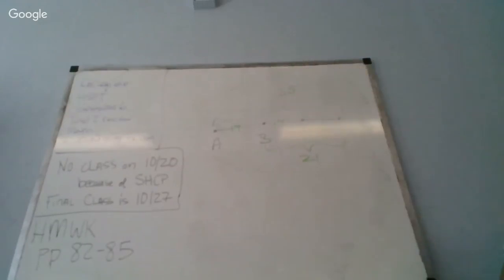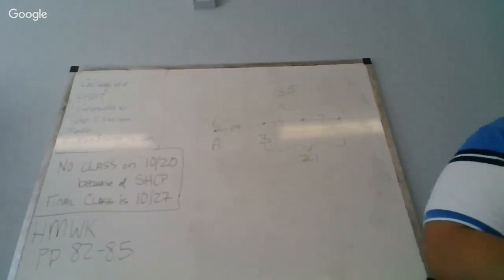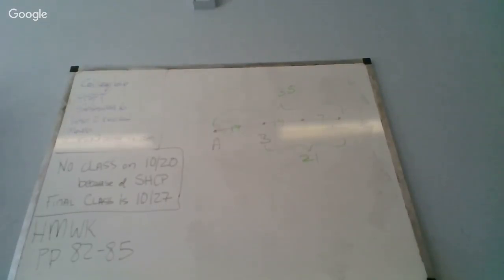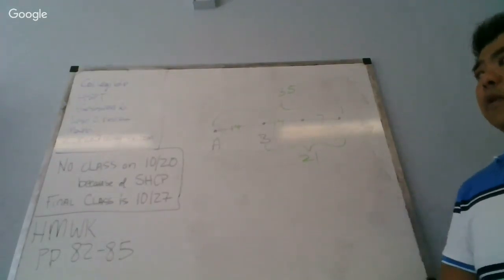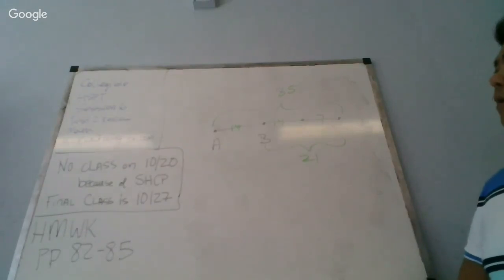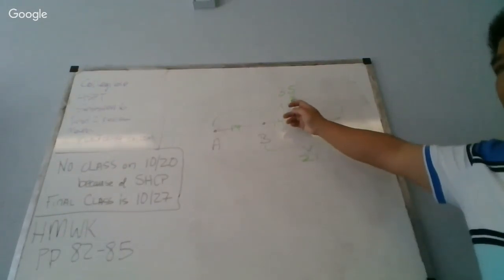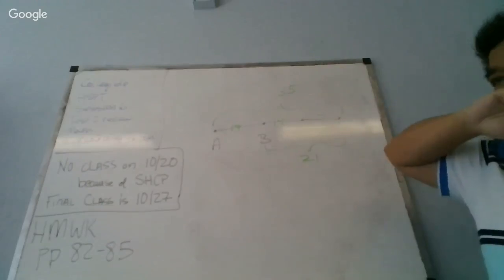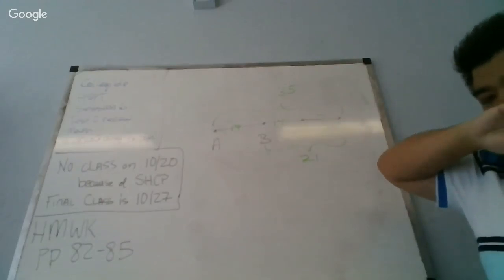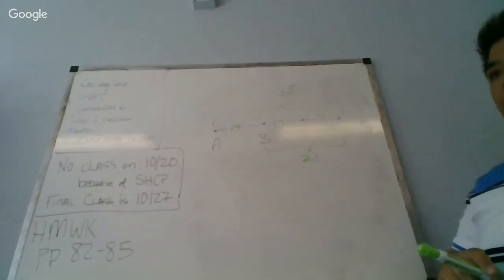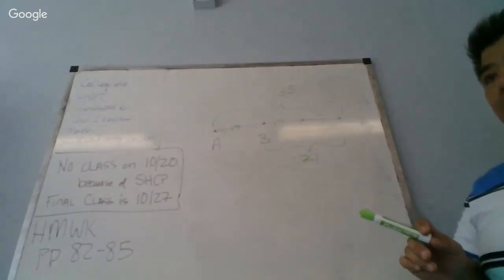Omar, did you have something similar? Yeah, I got 83. Because I think I did this right, but I added the wrong thing. The 35 and what? Are you looking at the same one we're looking at?